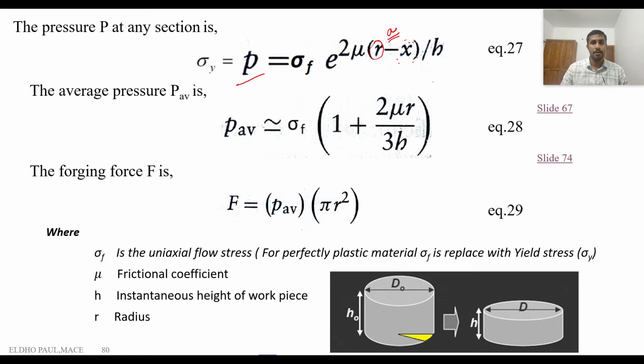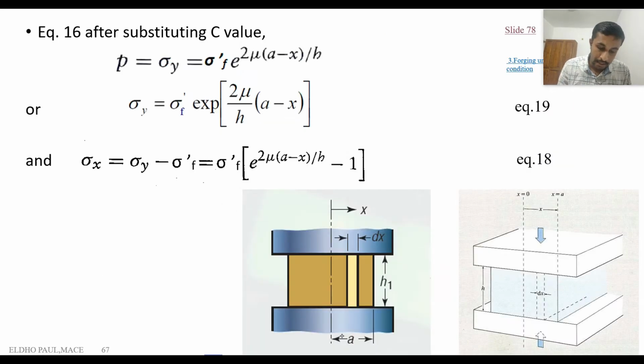So in a cylindrical workpiece we use the radius r in the equation, but in a rectangular member, the distance from the center to the surface, a, is taken. Here it is a; in the cylindrical member it is r.